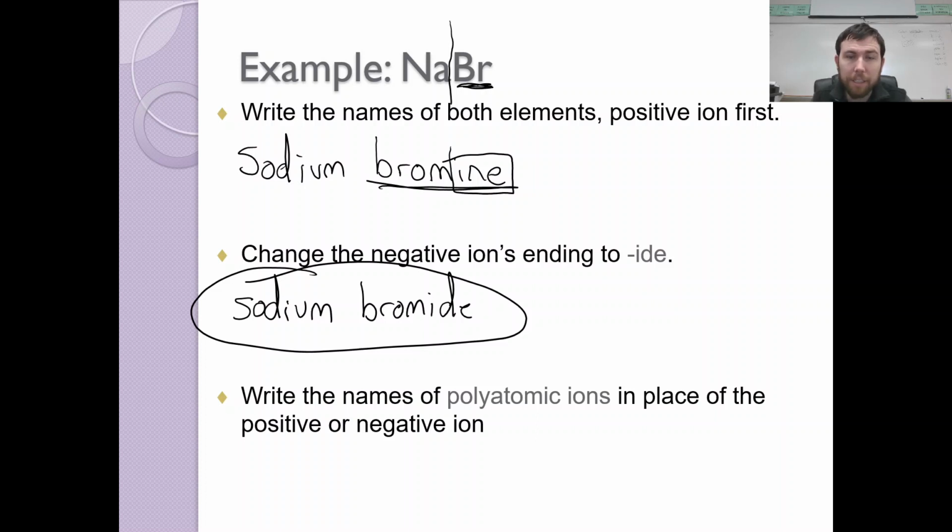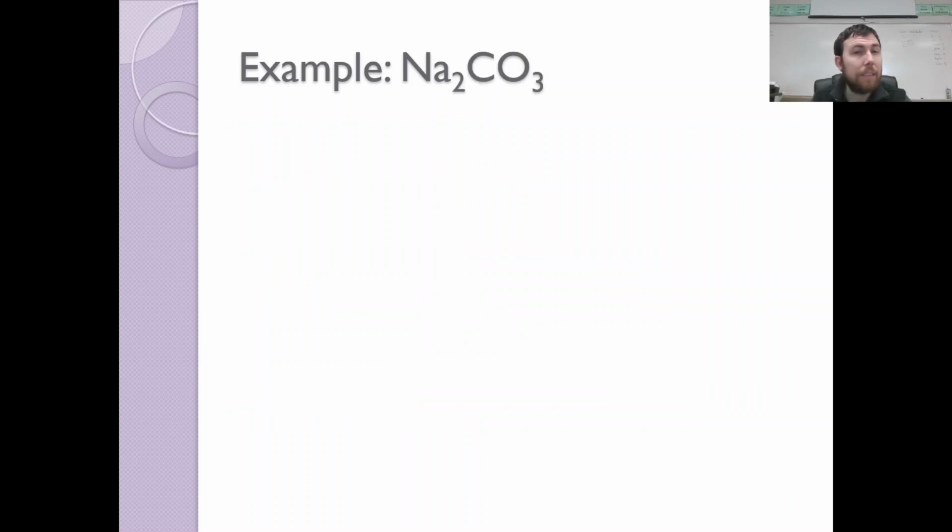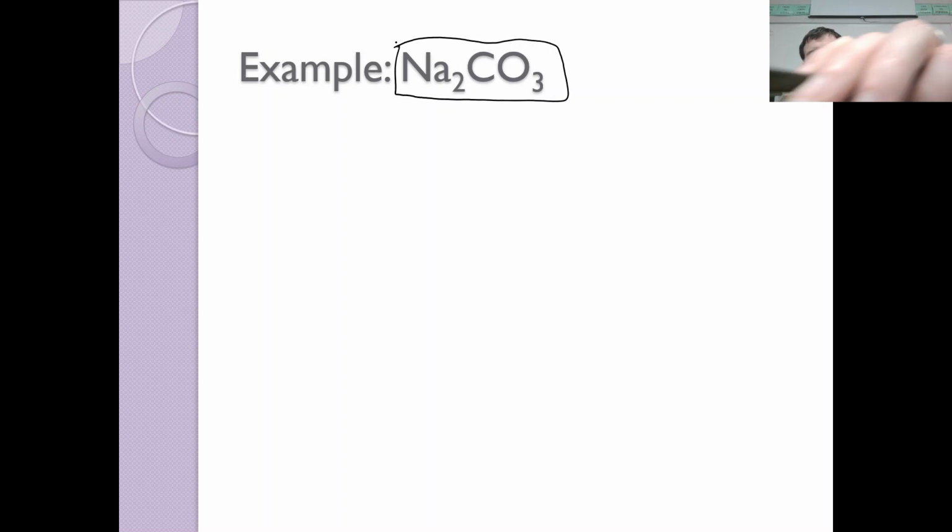Let's take a look at another example. All right, this one's a little bit different, but again, we're going to follow the same process. We want to split this into our positive and negative ion. But one thing we notice in this particular chemical formula is that there are 3 atoms.